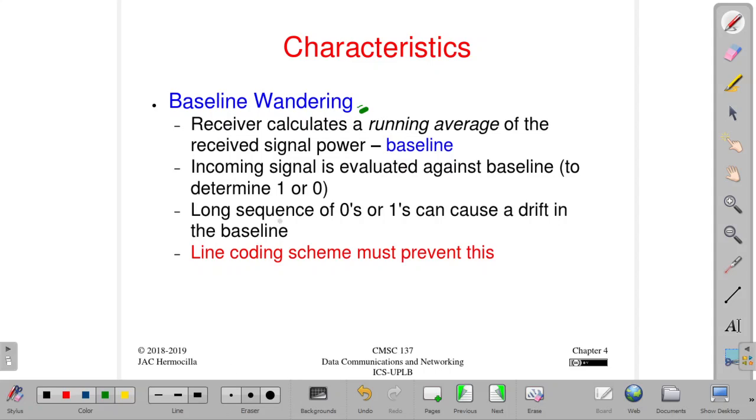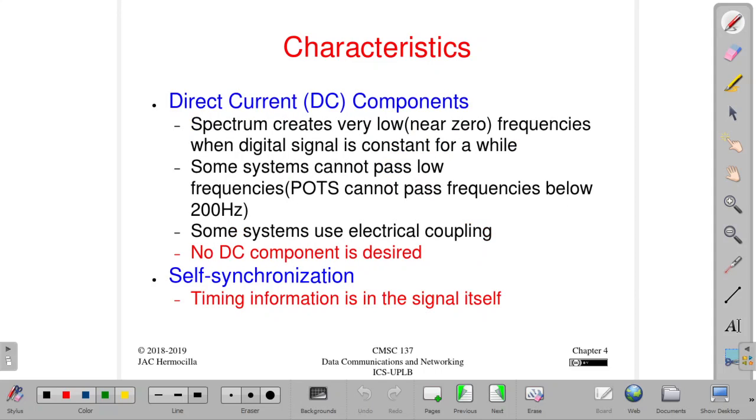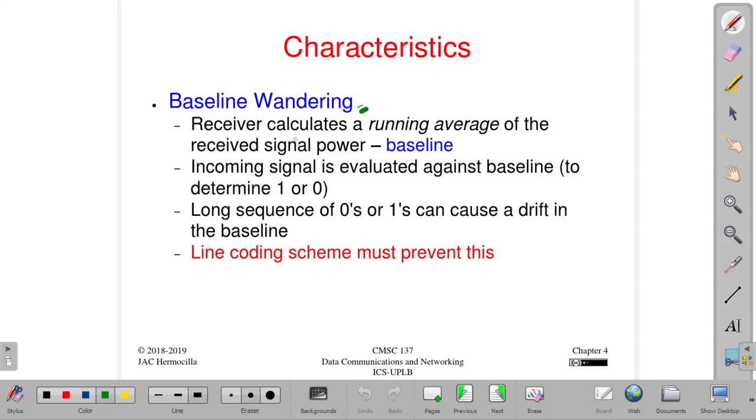When we give an example here, the receiver calculates a running average of the received power signal, and that running average is used as a baseline. So it's actually a threshold, and the incoming signal is evaluated against this baseline to determine whether the signal represents 1 or 0.